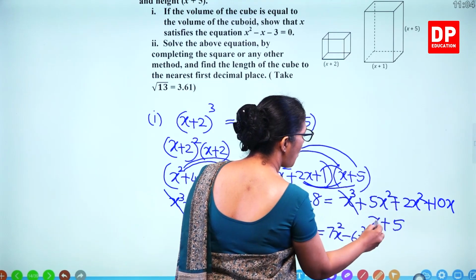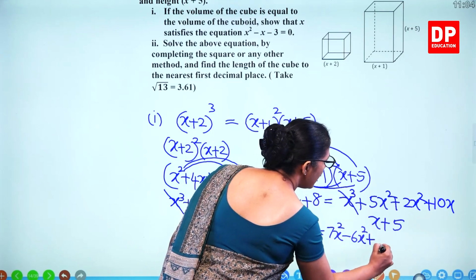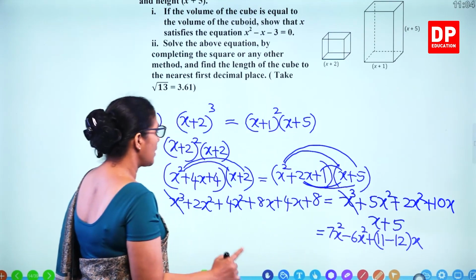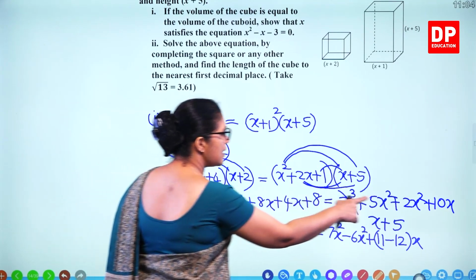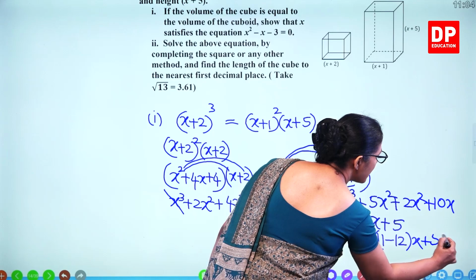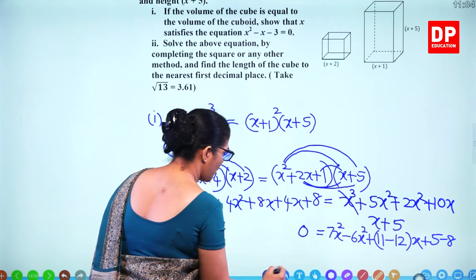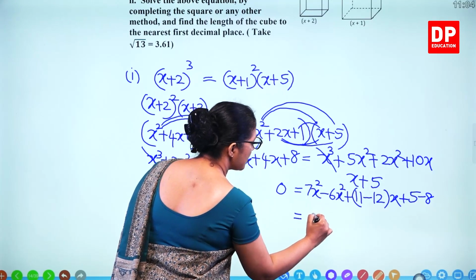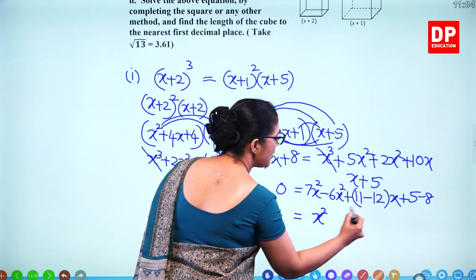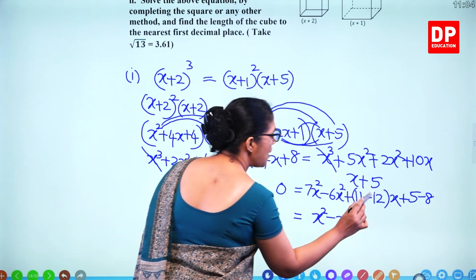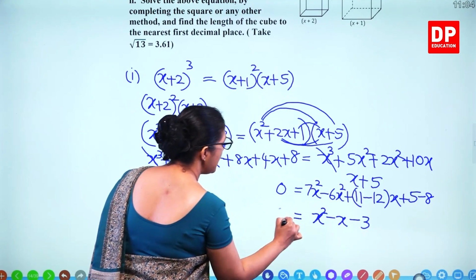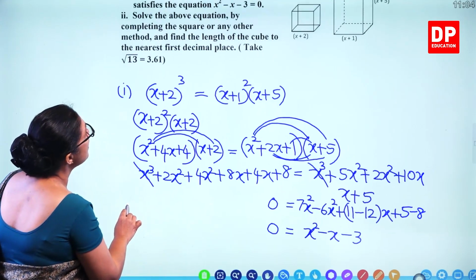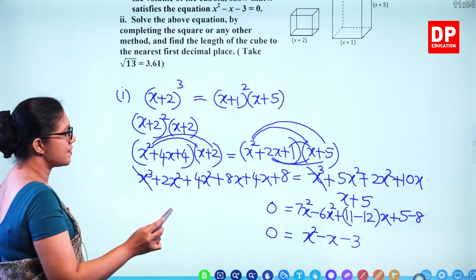Here 10 and 1, 11. 11 minus 12x. And the constant term 8 and here 5. 5 minus 8. That's equal to 0. Now simplify. You get x squared here, 11 minus 12 minus x, 5 minus 8, that's minus 3, is equal to 0. That's the equation given, x squared minus x minus 3.